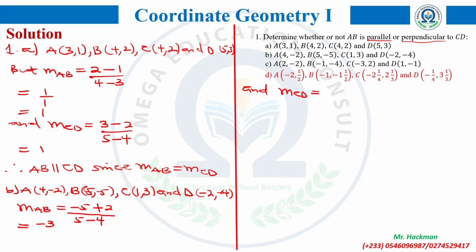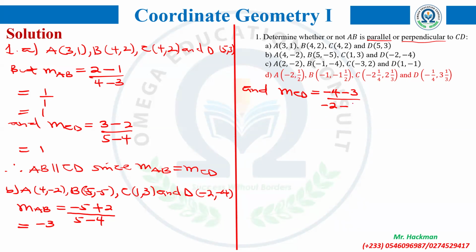M sub C will be equal to, now x sub 1, y sub 1, x sub 2, y sub 2. Okay, remember this. So we are going to get negative 4, which is our y sub 2, then minus 3, which is our y sub 1, all over negative 2, which is the x sub 2, minus our x sub 1, which is 1.